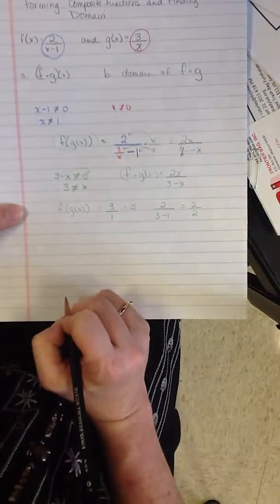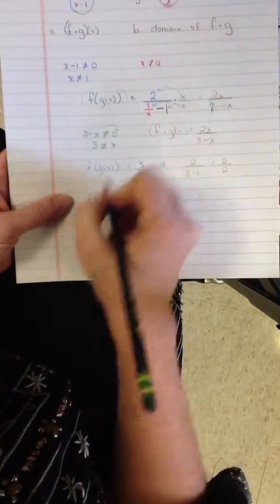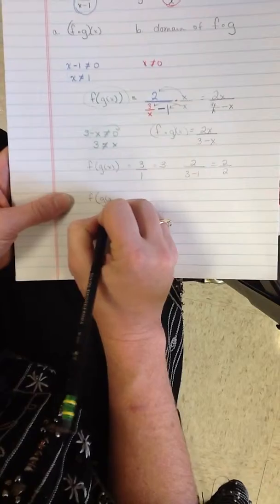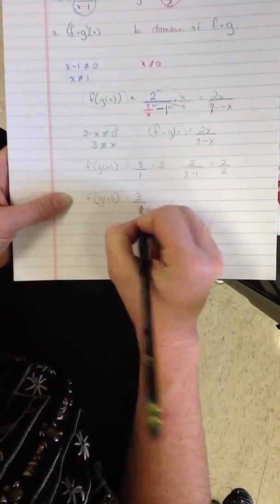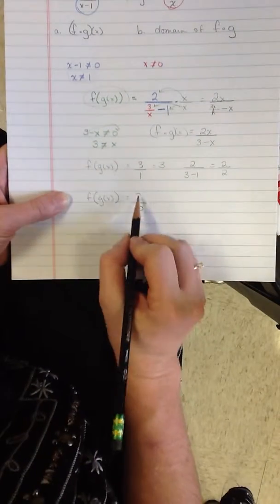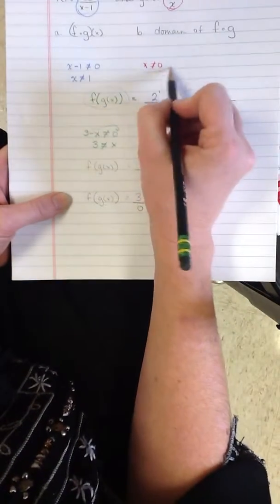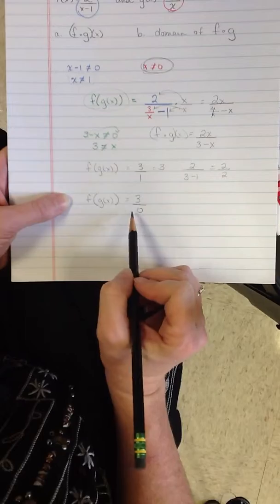That works just fine. It never gets undefined. So now I'm going to do the same process over again, and I'll use the 0. So I have to plug the 0 first into g of x. So that's 3 over 0. And right here, I have a problem. It causes this to become undefined. So in fact, x cannot be 0 because it'll make this undefined.